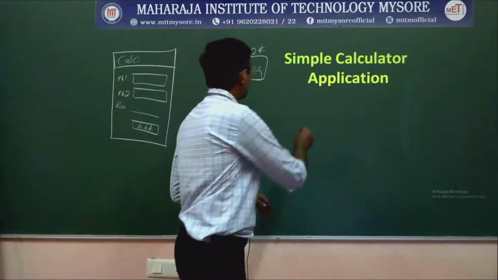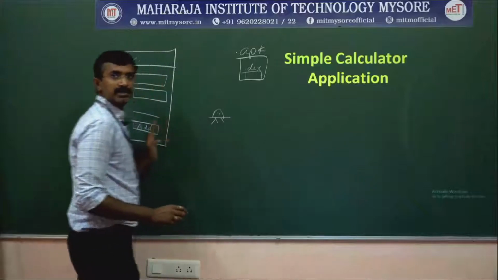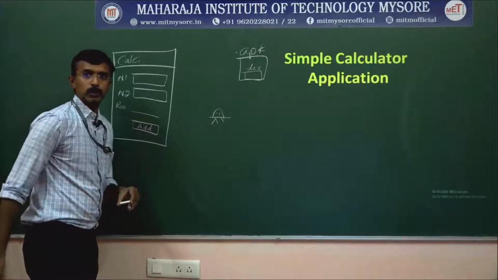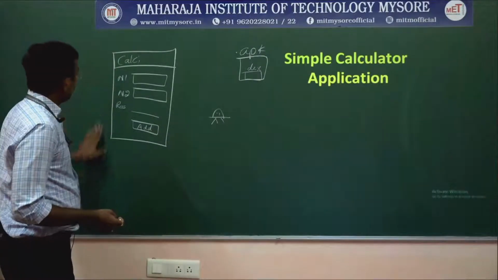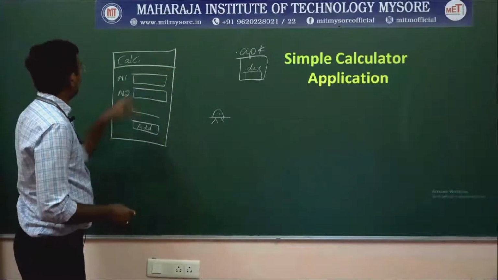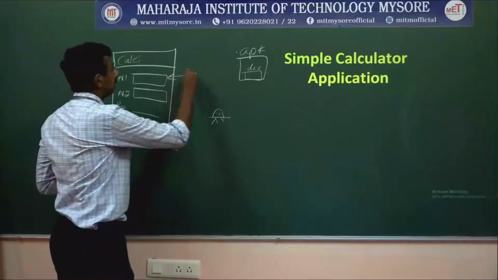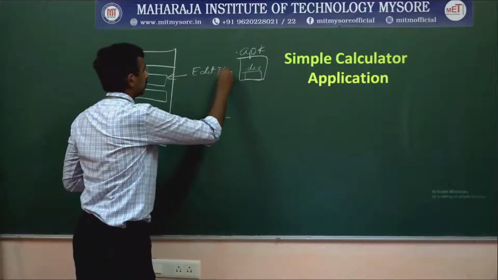Now what we are going to do here is develop a simple calculator, very similar to this. What exactly are we trying to do? We want to create an activity. Then we have to use an edit text box.